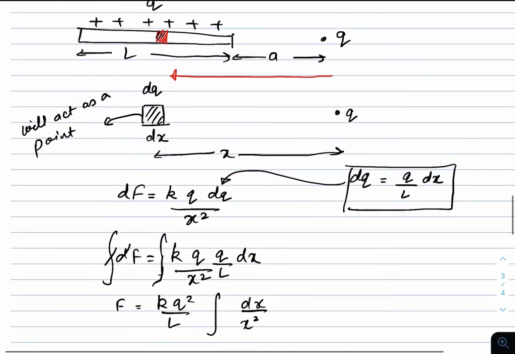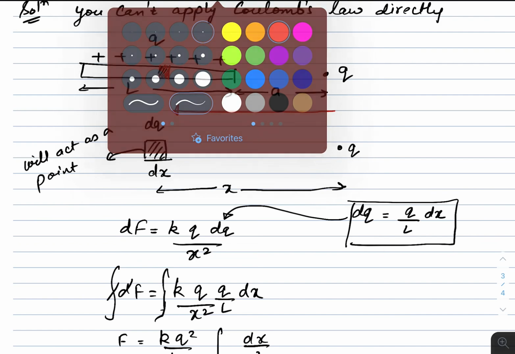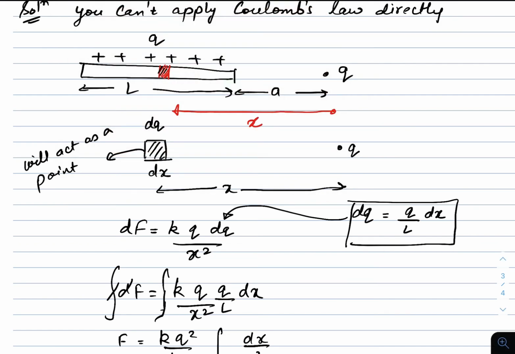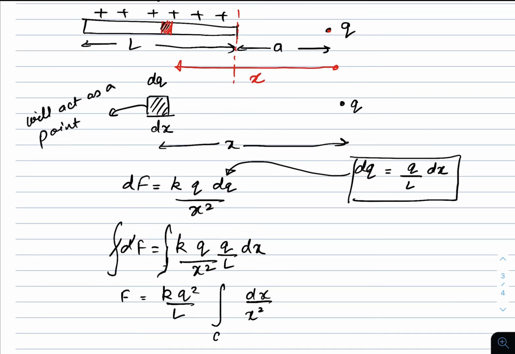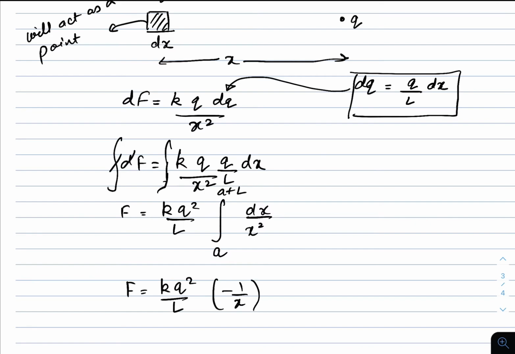The limit of x is from the point charge to the rod, so it goes from a, because the rod is starting from a, to a plus l. Integrating, F is equal to k q Q by L into minus 1 by x, since the integration of 1 by x square is minus 1 by x, from a to a plus l.